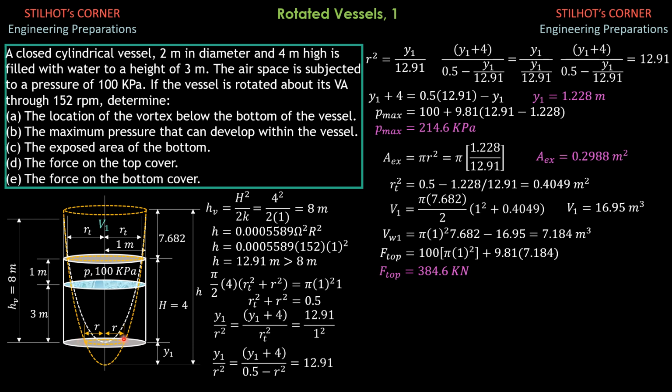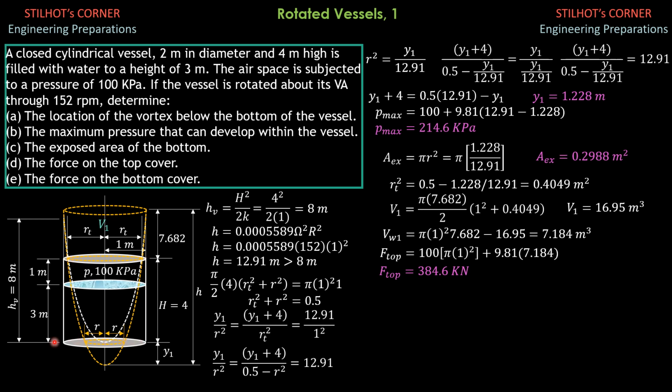While the force at the bottom is simply the force at the top plus, because the force at the bottom supposedly is pressure 100 times area pi 1 square, plus the volume of water above the top up to here. And since we have already computed the volume above the top, we only consider the volume above the bottom and inside this tank.